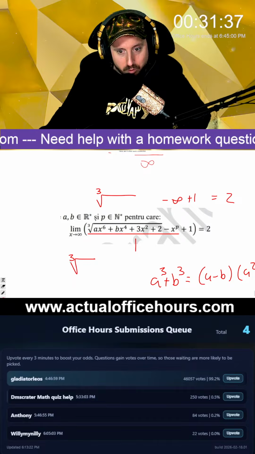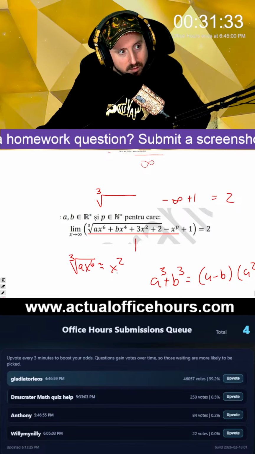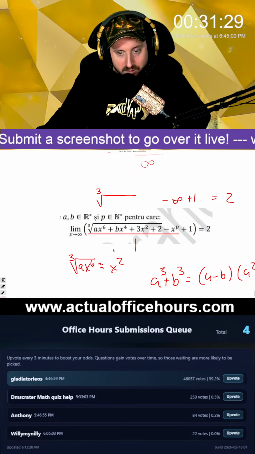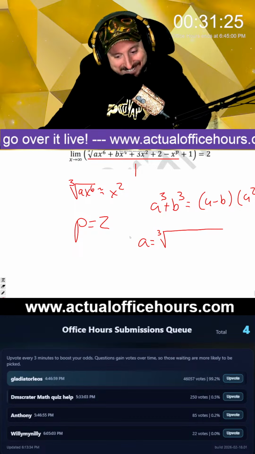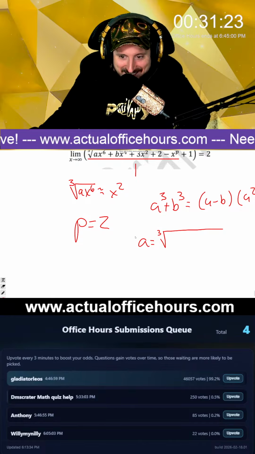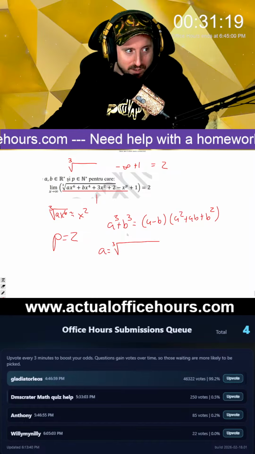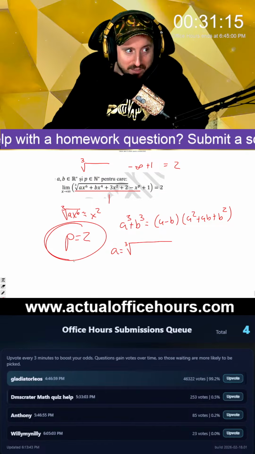Yeah, because the cube root of x to the 6th is basically x squared. And how would you write that exactly? Because it's a big deal. I would say that p has to equal 2. Just has to. I guess in terms of like getting points. Yeah, it's probably a lot of points to write out exactly why this is.